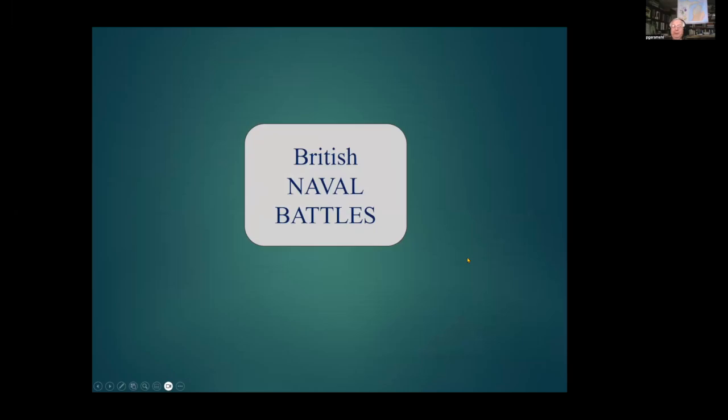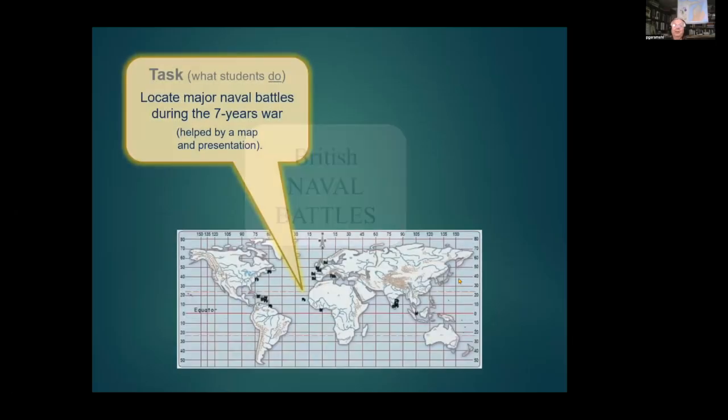British naval battles, we've actually got 2 different parts of it. One of them is a simple map activity set during the time of what we call the French and Indian War. They're basically locating major naval battles between European powers involving the British, helped by a map and a presentation.